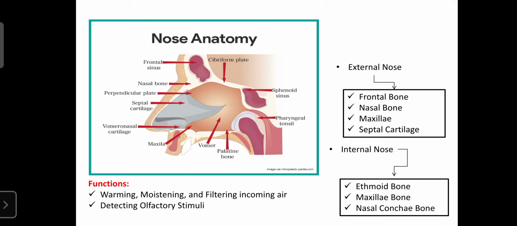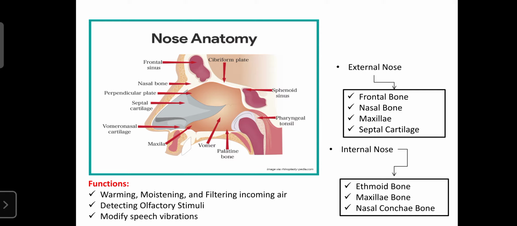The sensory ends of the olfactory nerve are present in the nose. Whenever we take in any smell, it is detected by the olfactory nerve, which is located in the nose. So the nose plays an important role in detecting olfactory stimuli. That is known as olfaction.